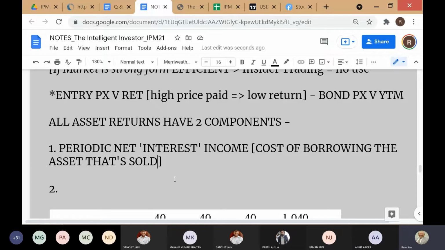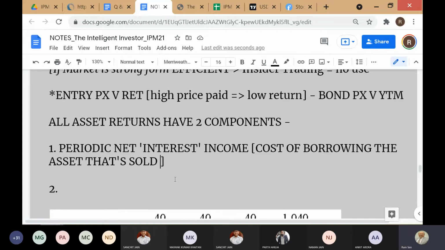If you apply it in a different context, say you buy a mall like PVR Socket, even if you had the cash, you assume that you would borrow the cash, and then you would take the cost of borrowing that amount of cash. So you're selling rupees and you're buying the mall. It's a real estate investment.